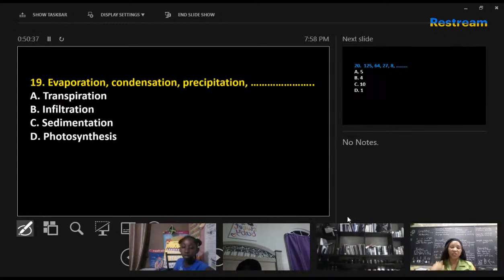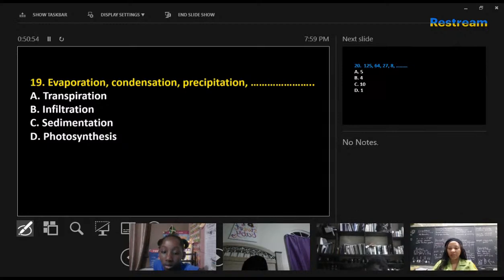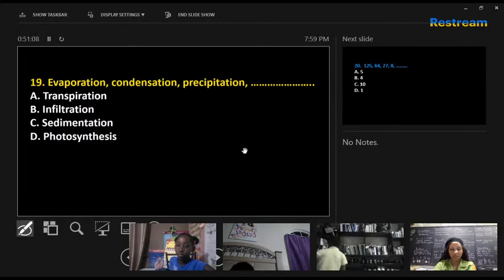Infiltration is when all that moisture from precipitation, whether rain, snow, whatever, comes on the land and starts to seep into the ground. And Nia is giving us a definition for transpiration. Also, Nia says it's a process that involves loss of water vapor through the stomata or the pores of plants. Of a plant or leaf, the exhalation of water vapor through the stomata. I believe that's the one Shalicia had given us also. So we're saying infiltration, which is B. For number 19, the answer is B.